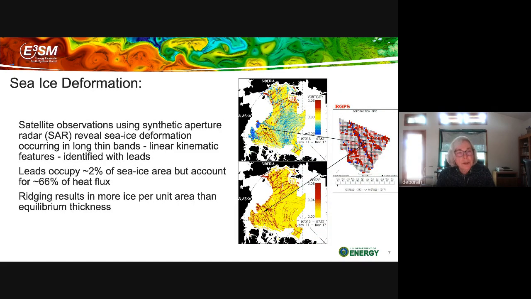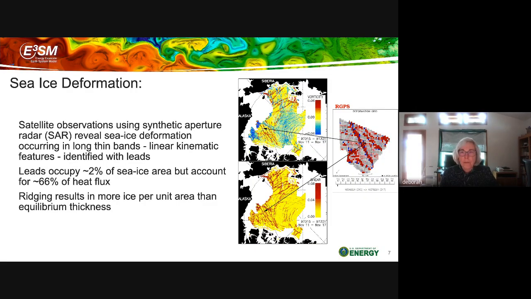So this sea ice deformation, the motion, the fracturing, the ridging, is actually apparent in satellite images. So these are colored images from processed images from synthetic aperture radar.